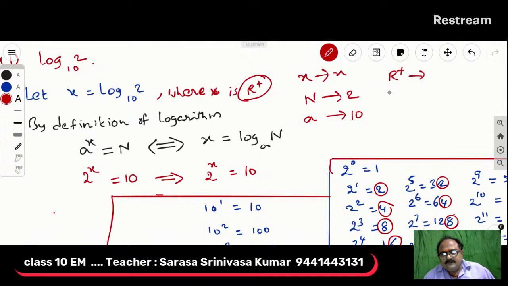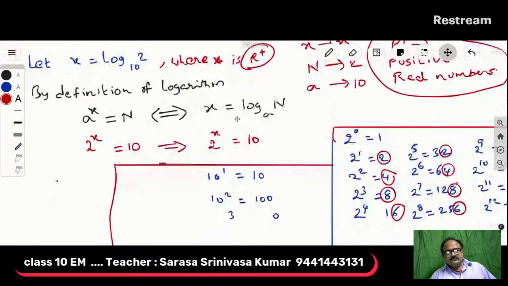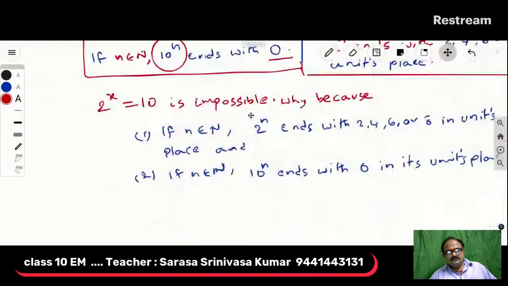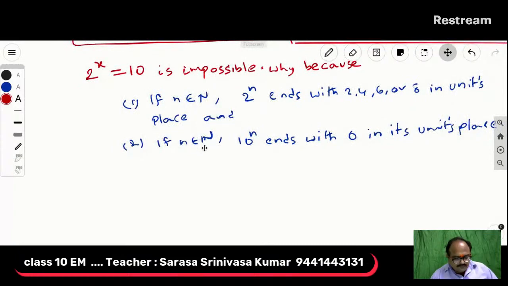R plus means positive real numbers. Here 2 to the power of x equal to 10, it is impossible to write this step.